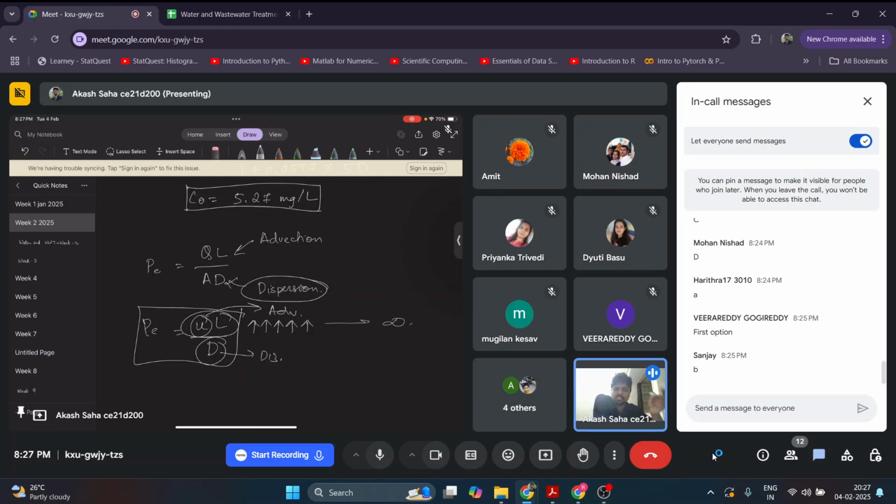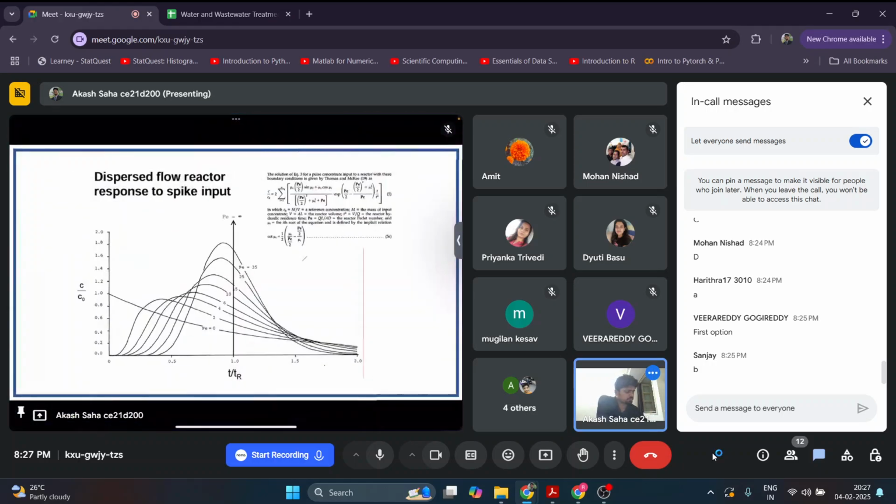So that's why it is infinity for PFR and 0 for a CSTR, because in CSTR it depends on the microbial degradation and such things. Here you don't have to consider advection, so it will be 0, right?